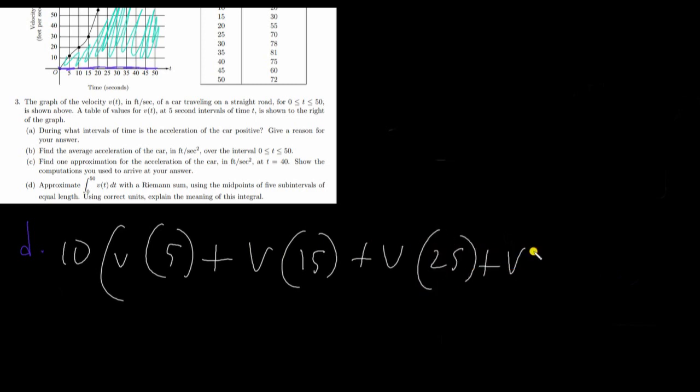So the average between 0 and 10 is 5, plus the average of the second 2 points. It's going to be from 10 to 20 is 15. And we're going to go on, 25, 35, and finally it's going to be between 40 and 50, so 45.